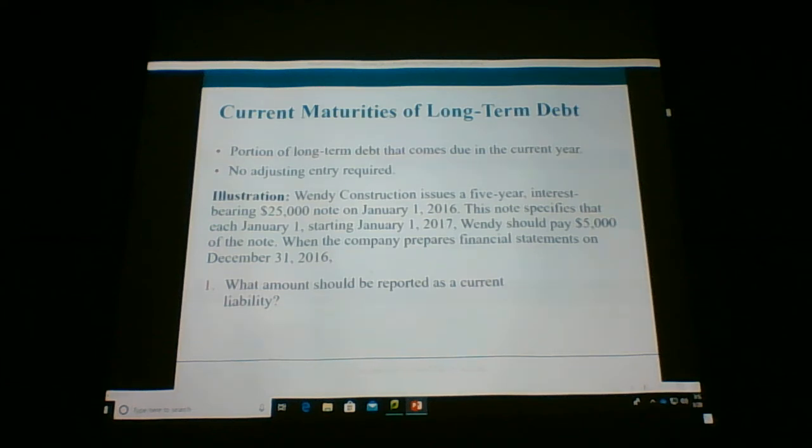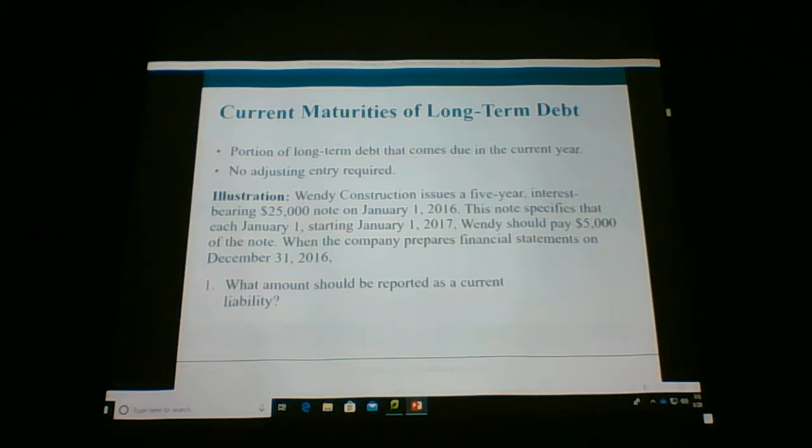Okay, so we talked just briefly about notes payable, and I told you that notes payable could be current liabilities or long-term liabilities. The reality is that when they are a long-term liability, they're actually both a current and a non-current liability simultaneously.